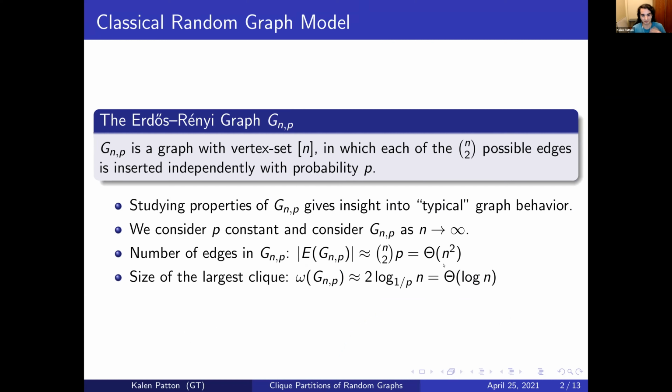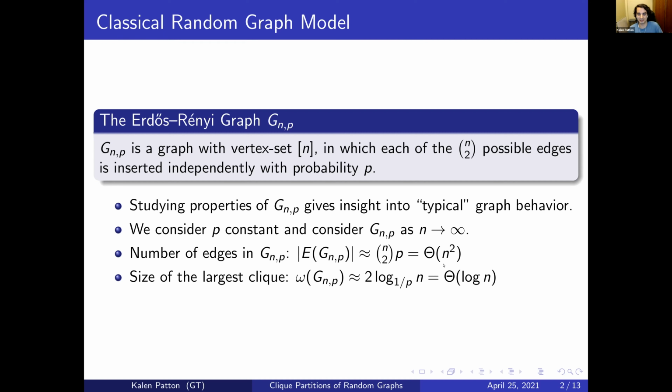And studying properties of GNP is usually a good way to get insight into typical graph behavior for parameters that maybe are difficult to study in general, because with high probability results on GNP can then translate into statements about almost all graphs. In particular, we're going to be mainly concerned with the case where p is constant and then look at the behavior as n goes to infinity.